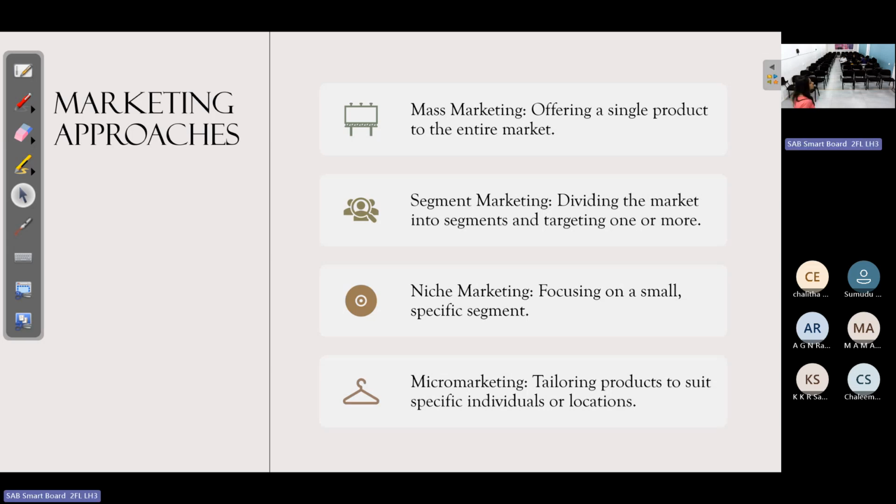And you can write those examples: soap, toothpaste, those kind. Salt, sugar, those also.